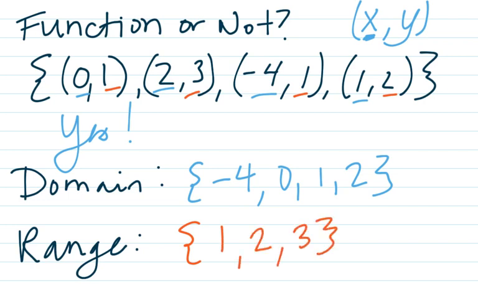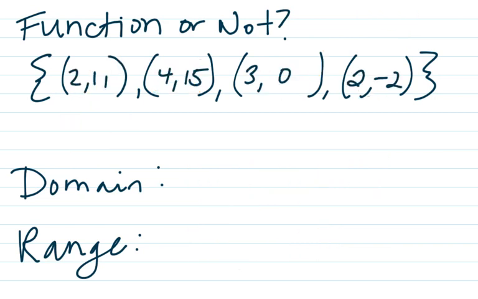There are only 3 values of the range because the value 1 gets repeated twice. So, again, repeats in the y values are okay. Repeats in the x values are not okay unless they are exactly the same ordered pair. All right, let's look at another one.